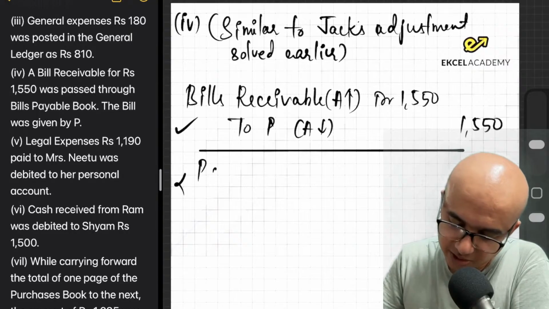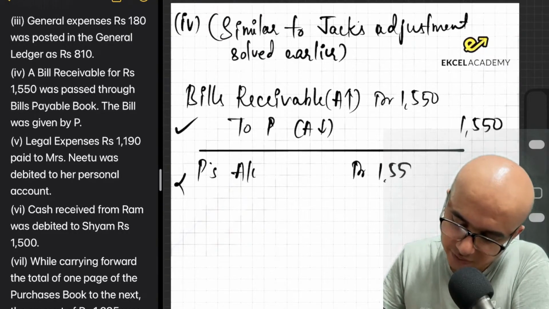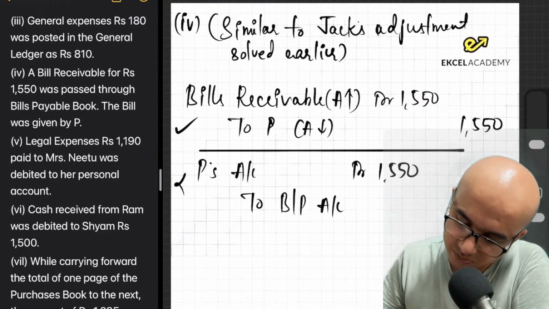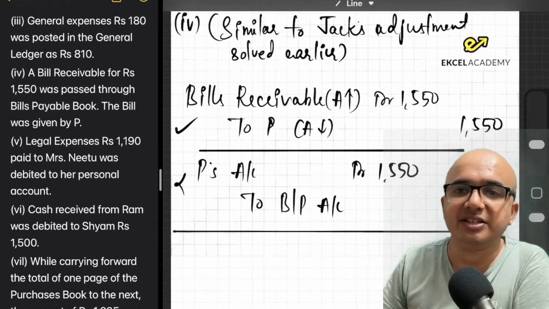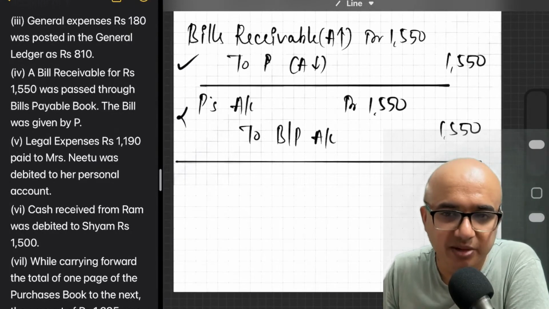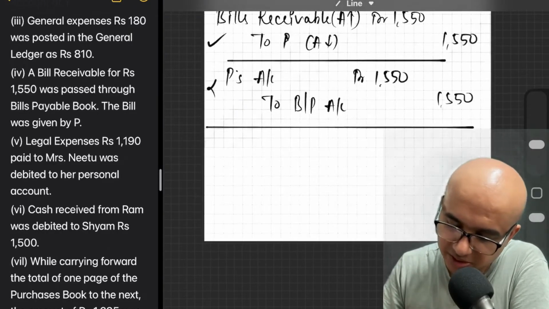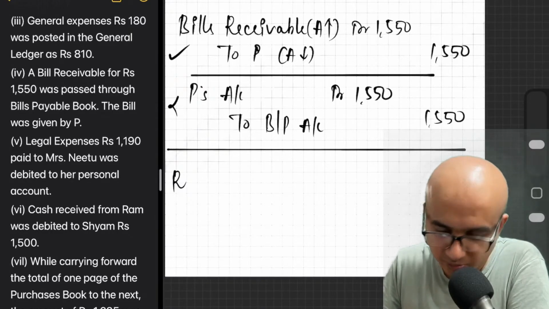The wrong entry is P's account debit 1,550 to bills payable account 1,550. So how do we rectify this? Again, the wrong account has been debited. Of course, it is an error of principle, but let's see. The rectification entry would be to give the right debit to bills receivable.